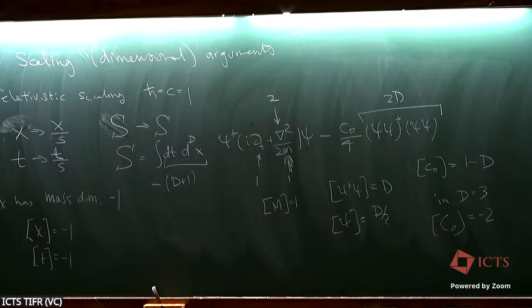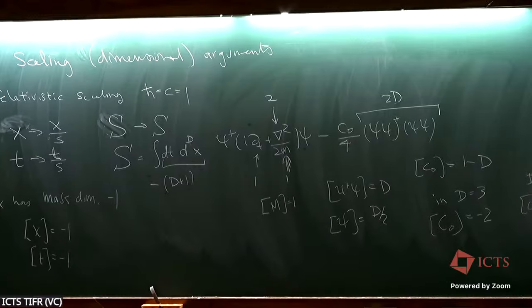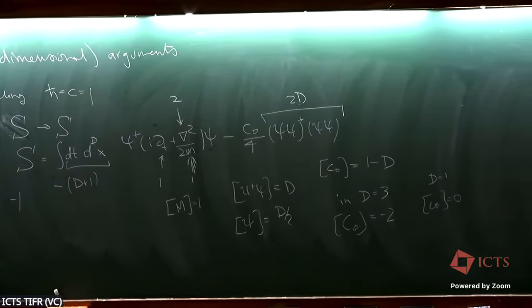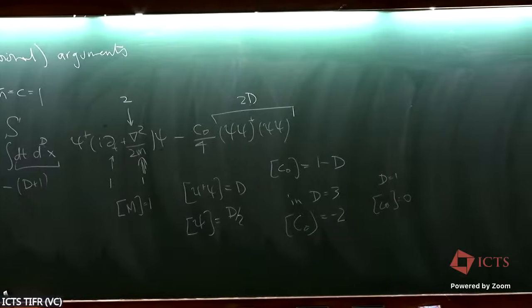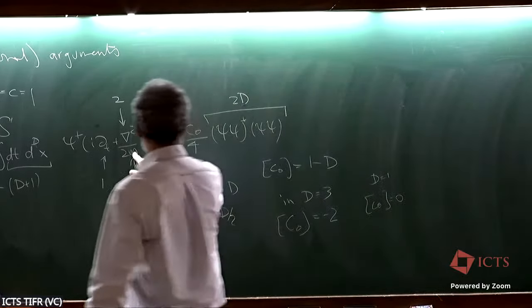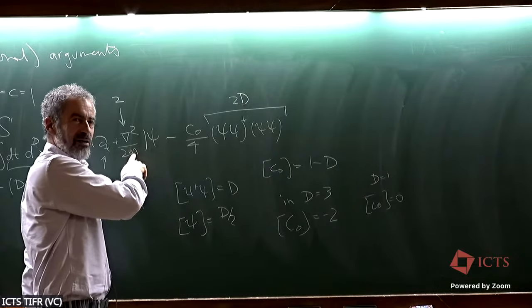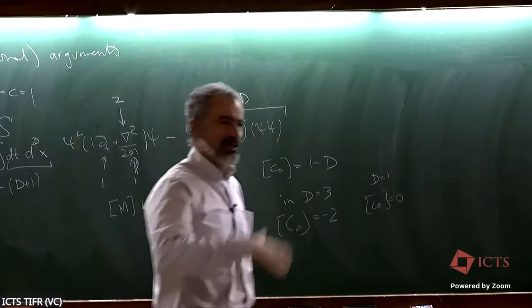In D equals 1, we get [c naught] = 0. This is not a useful scaling for a non-relativistic theory, though, because in a non-relativistic theory, this m is a huge scale. It's not a small scale, okay? So it's something fixed. We can never change it.